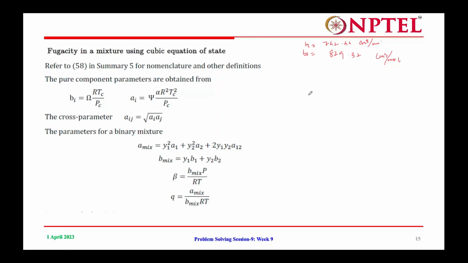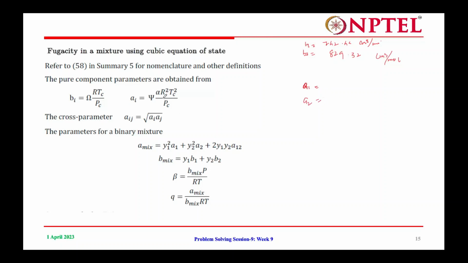And for cross parameters, now we have to calculate the A1 and A2.